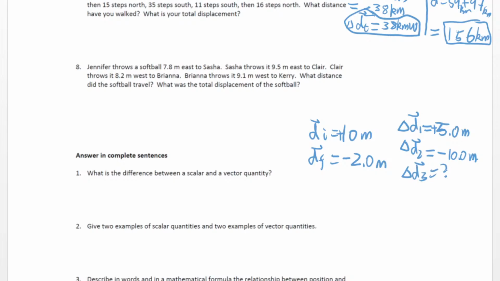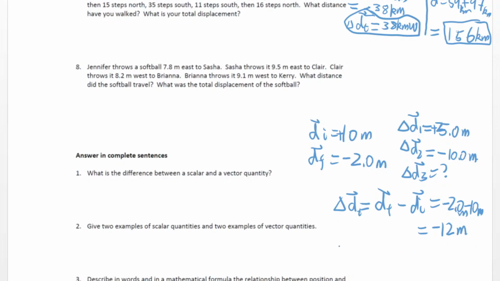Then you would know that total displacement is final minus initial, which is negative 2 minus 10, so negative 12 meters. The total displacement must be negative 12 meters.